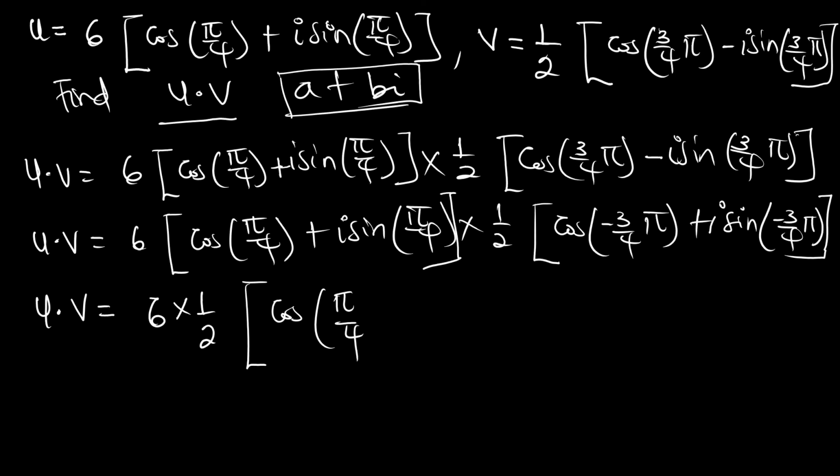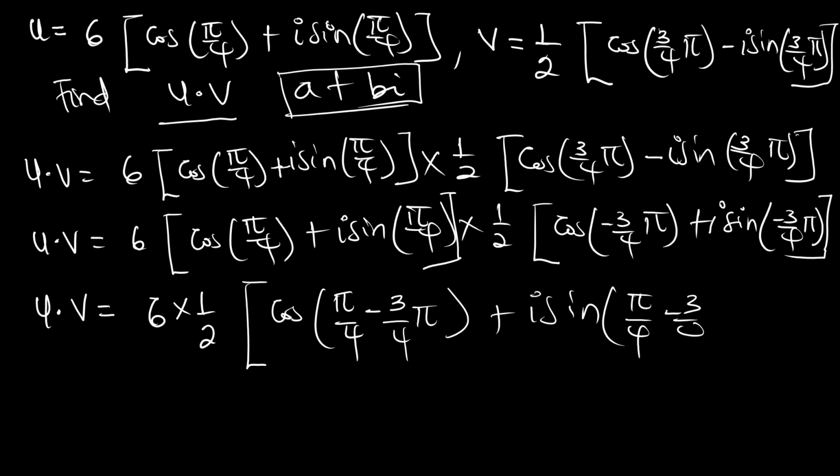We multiply the moduli, then we add the arguments, right? So plus negative 3 over 4, so we're going to have minus 3 over 4 pi, plus i sine pi over 4 minus 3 over 4 pi.